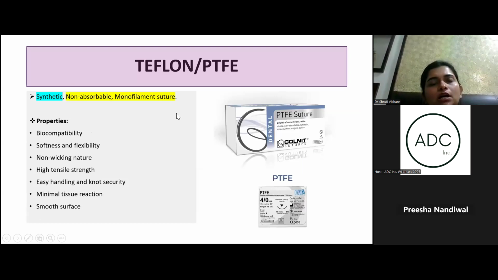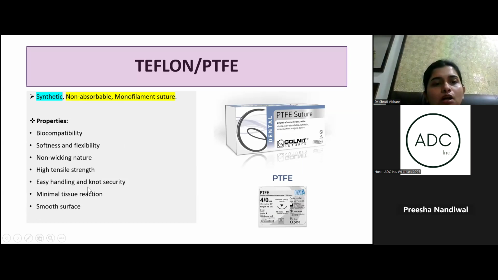Okay. Now coming to our next suture, that is your Teflon or PTFE suture. So it is a synthetic non-absorbable monofilament suture. It has very good biocompatibility because it is a synthetic suture. It is biologically inert. It is very soft and flexible, really very soft and flexible. It has this non-wicking nature, that means the capillarity of the suture is very low. The tensile strength is very good.